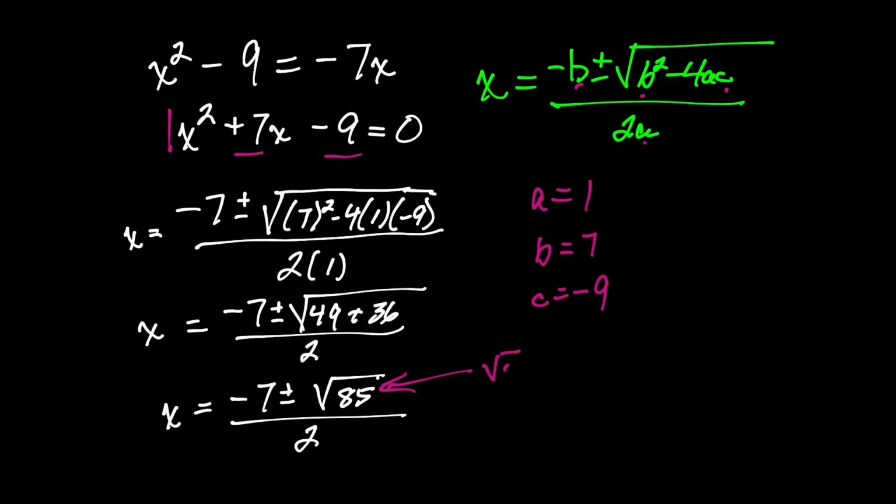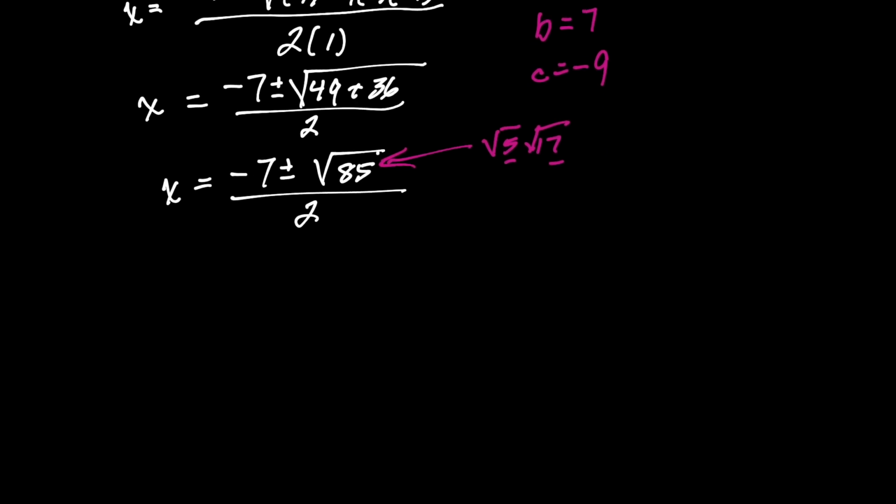85 is 5 times 17. So neither 5 nor 17 are perfect squares. So square root of 85 is as good as it gets. So we'd have two solutions. Sometimes we just leave it like this, have my students put a box around it.